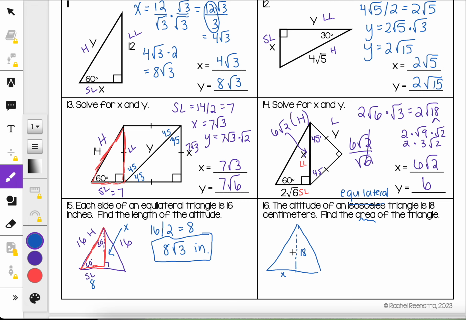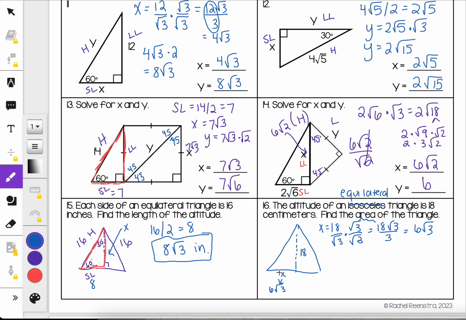So I know my long leg is 18. To get to my short leg, that is going to be 18 divided by the square root of 3. I'm going to rationalize my denominator to get 18 root 3 over 3, which simplifies to 6 root 3.